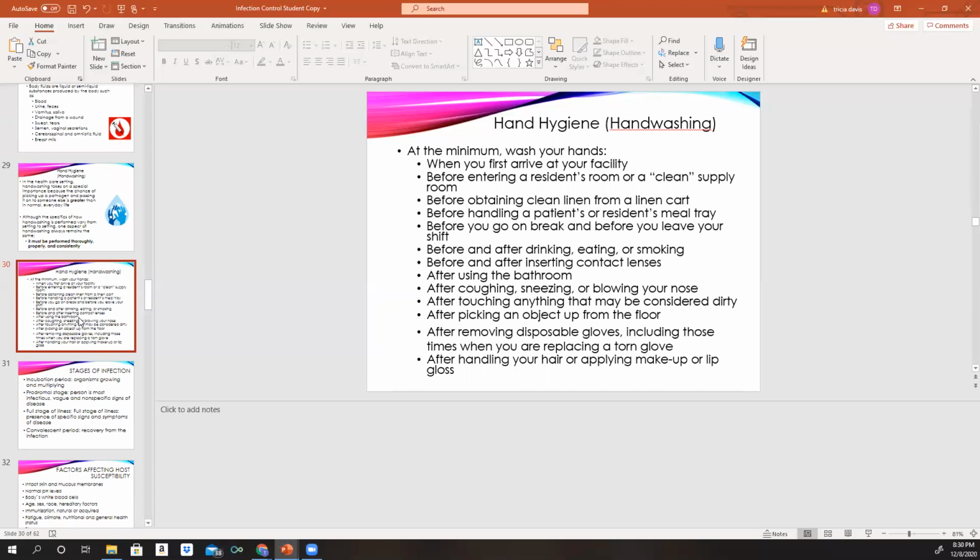You wash them before you enter a patient's room or a clean supply room, before you obtain clean linen from a linen cart, before handling a patient or a resident's meal tray, before you go on break and before you leave your shift, before and after drinking, eating, or smoking, before and after inserting contact lenses, using the bathroom, after coughing, sneezing, or blowing your nose, after touching anything that may be considered dirty, after picking up an object from the floor, after removing disposable gloves, including those times when you're replacing a torn glove, and after handling your hair or applying makeup or lip gloss.